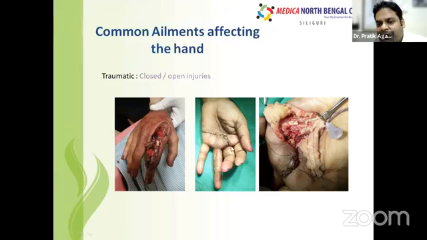That means there is some injury to the extensor tendon of the hand, which has caused the flexion deformity of the lateral two fingers. In these cases, we need to do a surgical repair of the tendons. As you can see in the right hand picture, we have repaired these tendons, resulting in the straightening of the fingers. So this is one of the most common ailments in the hand, that is trauma to the hand.